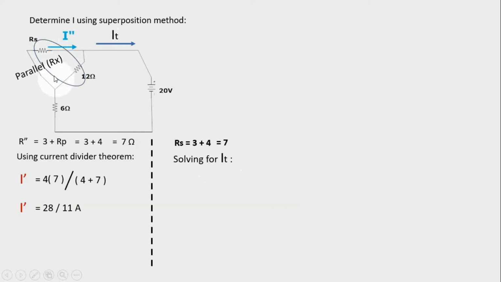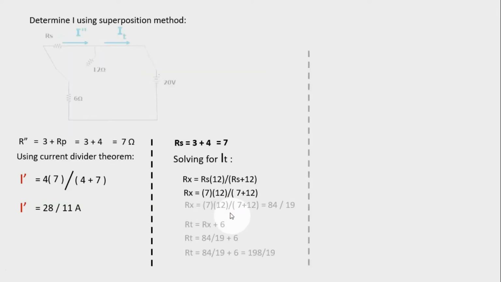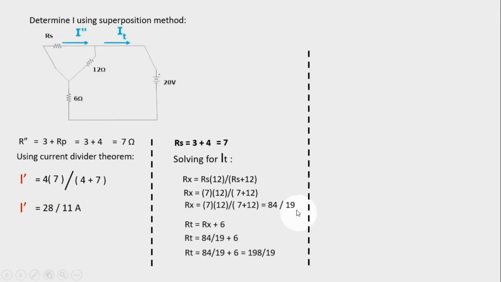We name this RX, 12 and RS. So we get the total value of RX, the parallel resistors: RS times 12 divided by RS plus 12. But our RS is 7, so we substitute it and we get 84 over 19.